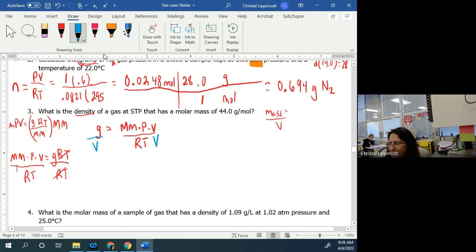Mass over volume is density. That's going to equal molar mass times pressure. Nope, not times volume. Bad lippy. Volume's canceled there. Divided by RT. And that's my formula for density.